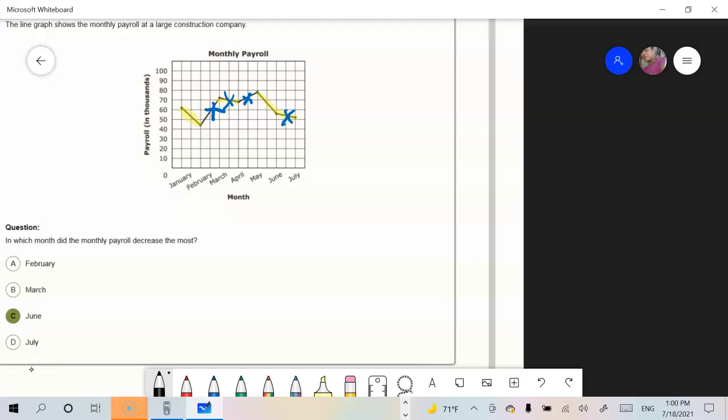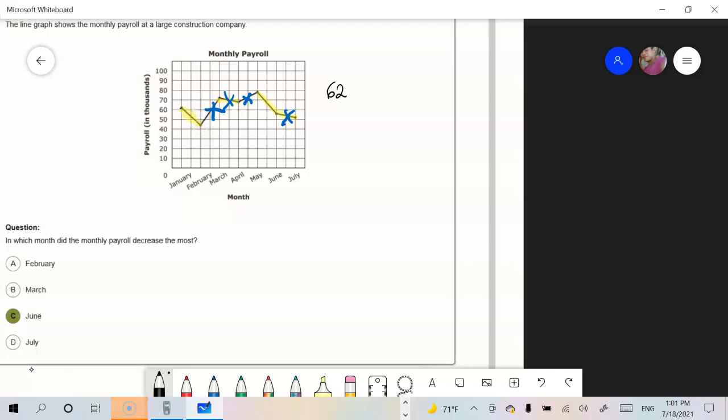Let's calculate January and February. The first point that we have here, if we go to the vertical axis, that value is about 62,000. I'm not going to write the 1,000 to make it easier for me. And this value here is about maybe 43,000. If I subtract the height of this point minus the height of this point, it's going to give me the change, the difference between the two points.